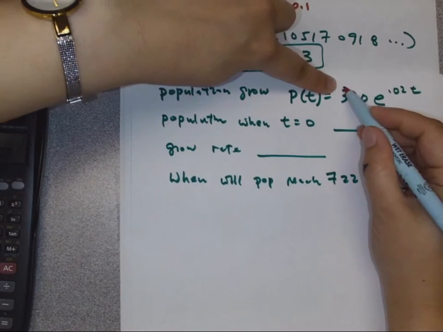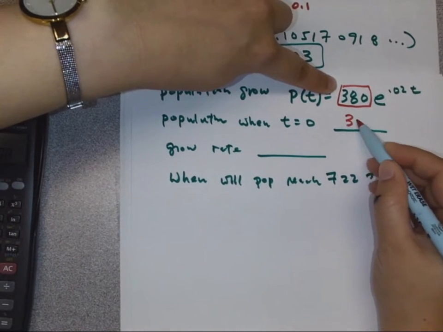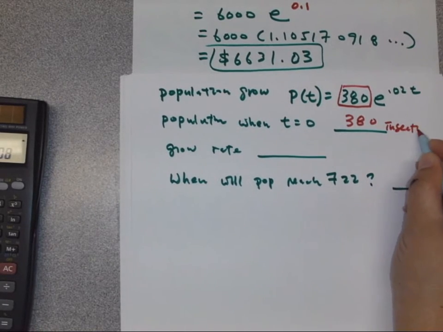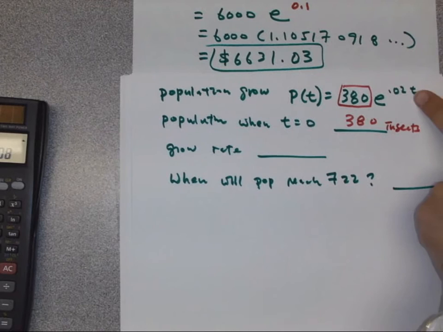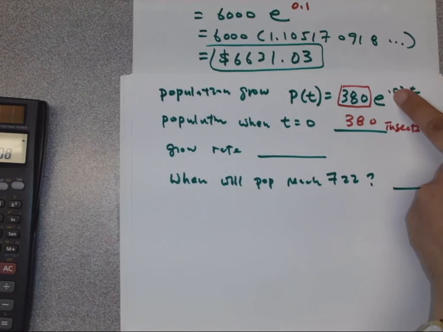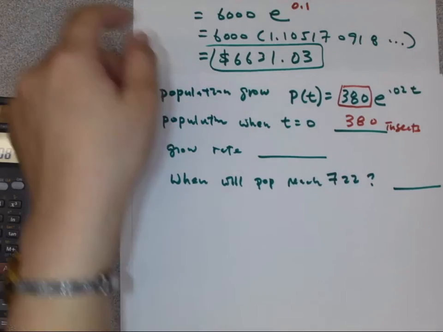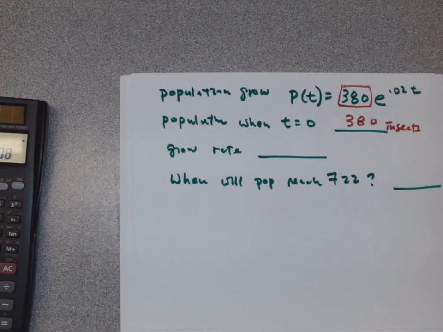It's basically this number, right? 380. So for this particular one, it's by insect. And if you want to plug in t equals 0, then the exponent is 0. Anything raised to 0 is what? Anything raised to 0 is 1, and 380 times 1 should still equal 380. So if you plug in t equals 0, you should still get the correct answer, okay?